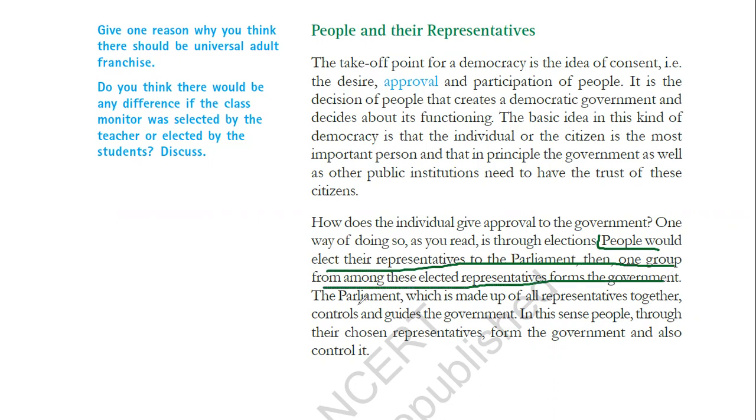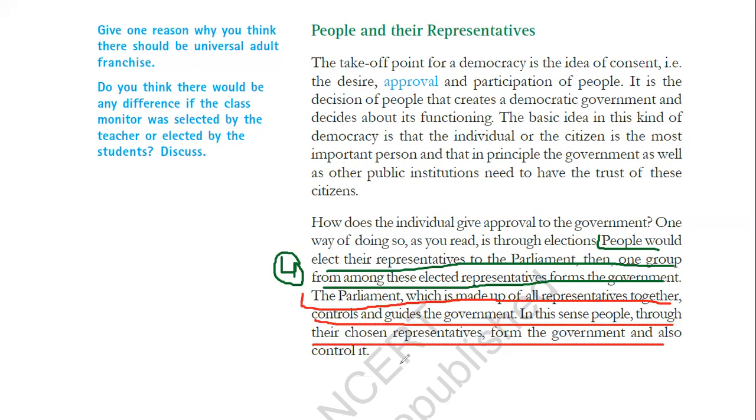This would be your point number four. And point number five would continue from the next line. The parliament, which is made up of all representatives together, controls and guides the government. In this sense, people through their chosen representatives form the government and also control it. Point number five. These would be your 5 points for question number two.